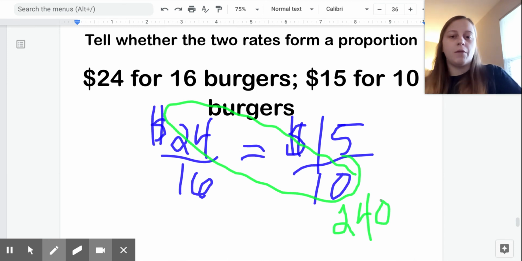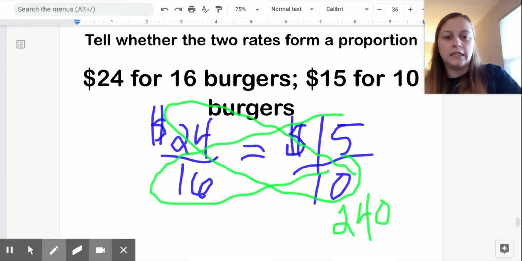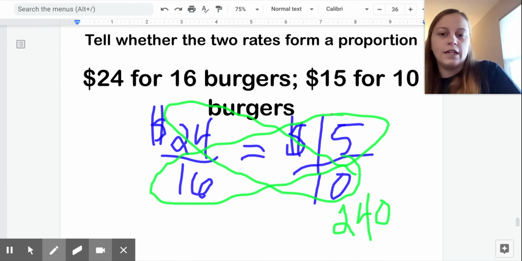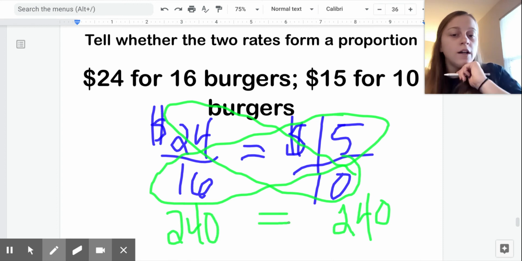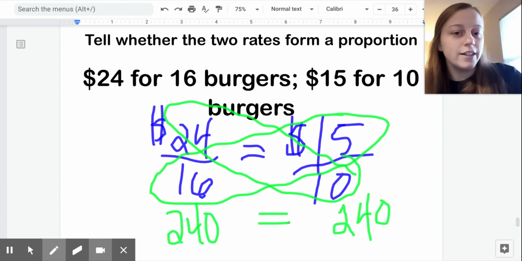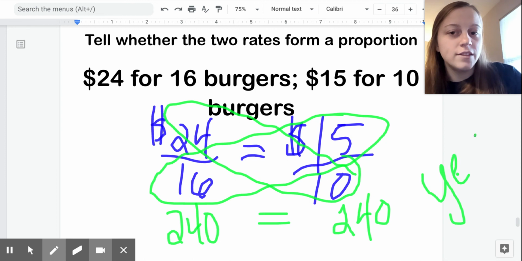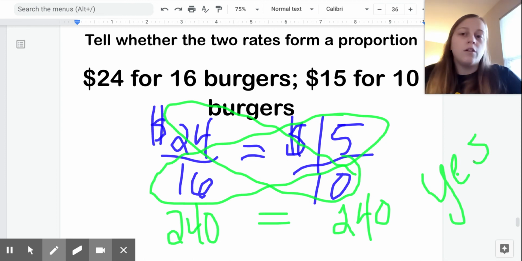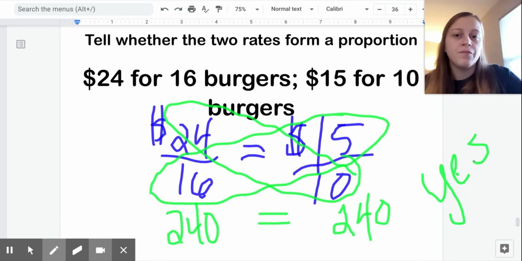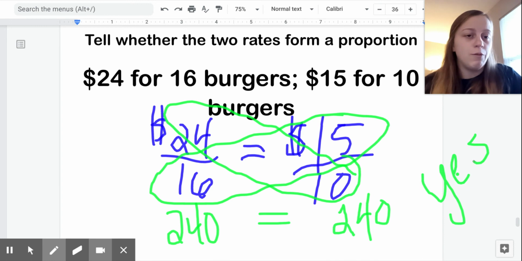And then we can multiply 15 times 16, which gives us 240. Because the cross products are equal, the answer here is yes. These are proportional. So whether I go to Costco or to Sam's Club, I'm getting the same rate for these burgers. Just at Sam's Club, I'm getting more burgers than I would be at Costco.